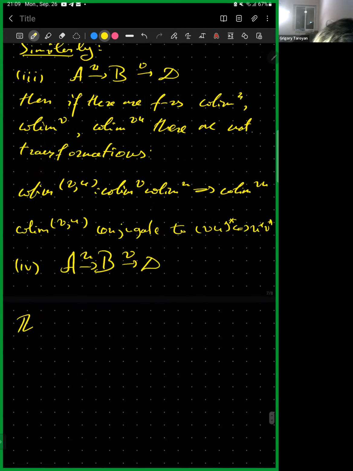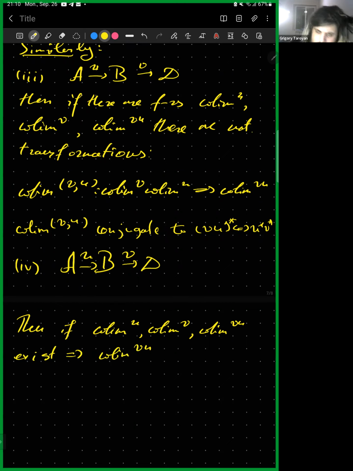Then if all three colimit functors exist, actually we don't need all three, because if we have just these two colimit functors, then their composition is a VU colimit.